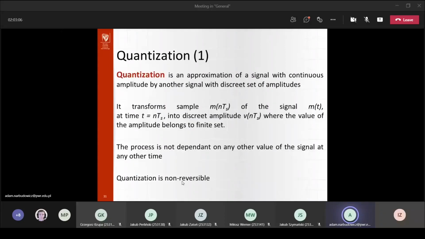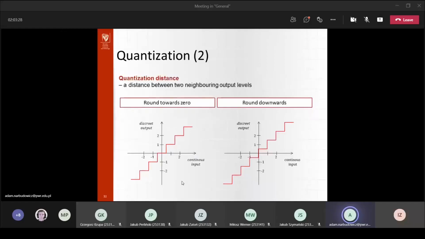This is again contrary to the sampling, where you can use the Shannon-Nyquist theorem for proper sampling frequency to avoid that problem. But that only works with periodic signals in the time domain. With amplitude, you cannot do anything, and hopefully we'll see why.